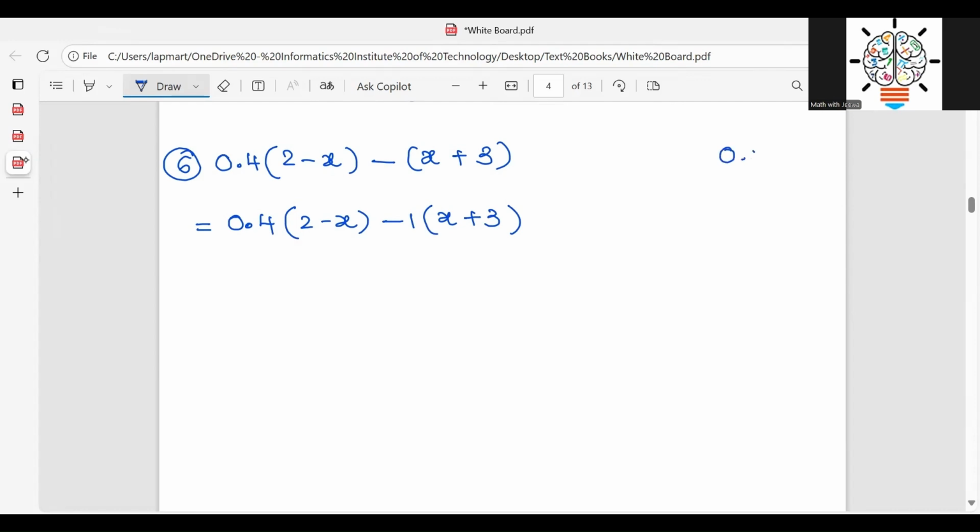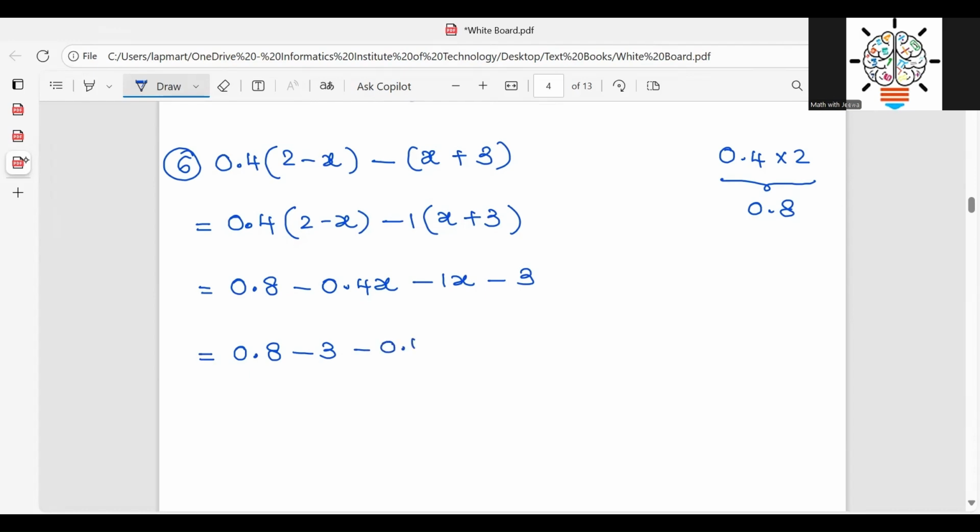And then the 0.4, when you multiply by 2, what will be the answer? 0.8. So then here I write 0.8 minus 0.4x minus 1x minus 3. Then what I do, I write the number 0.8 minus 3 minus 0.4x minus 1x. Now from that, here we have minus, just see 0.4 and 1 like this.